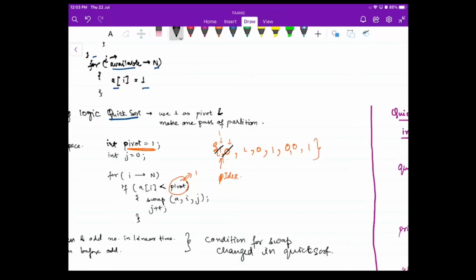So here it will be 0 and here it will become 1. Again I will move here, no issues. Pivot index also moved, so we'll be moving the pivot index to here.